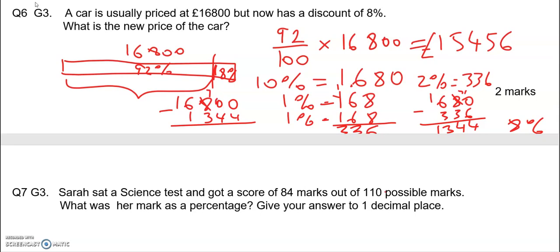So the units can borrow from the tens to make it a 9, and this becomes a 10. 10 take away 4 is 6. 9 take away 4 is 5. 7 take away 3 is 4. 6 take away 1 is 5. And the 1. So 15,456 without a calculator as well.